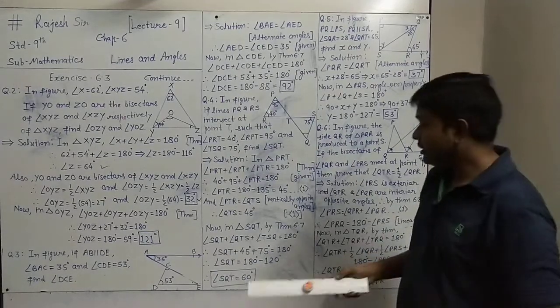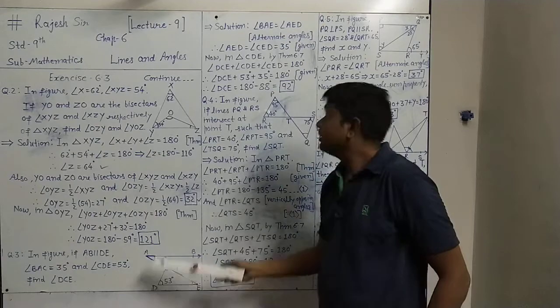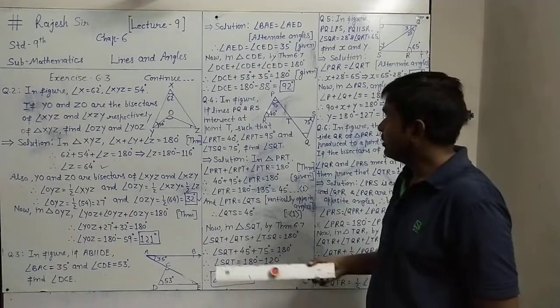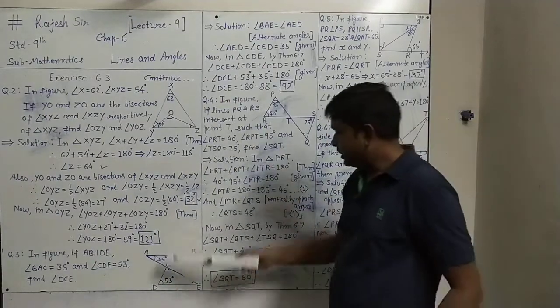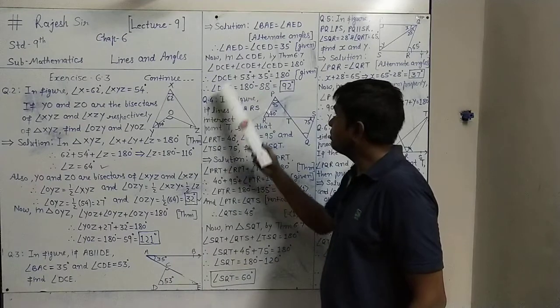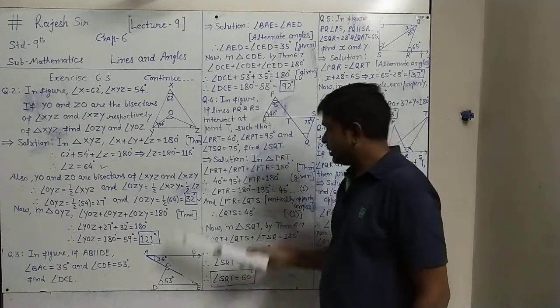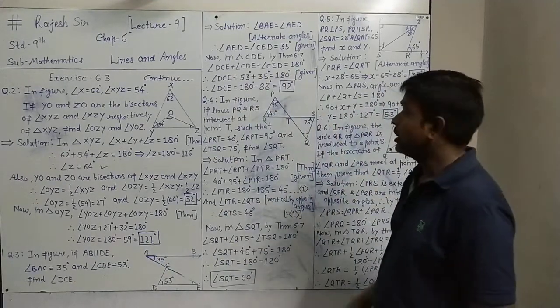Now in triangle CDE, by theorem 6.7, the angle sum property, the sum of all three angles is 180. So angle DCE plus angle CDE plus angle CED equals 180. Now place all the values.